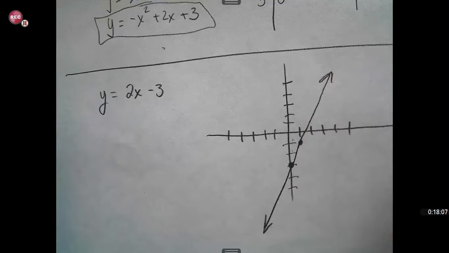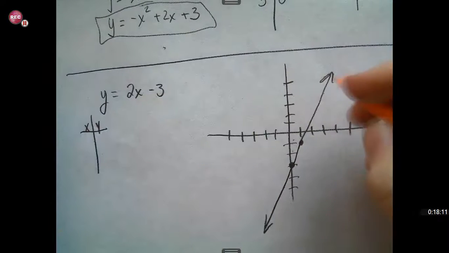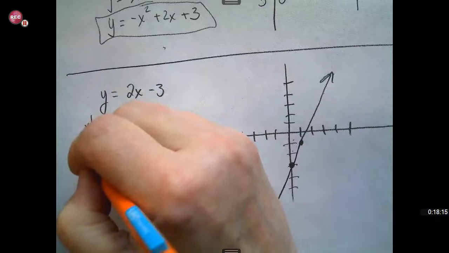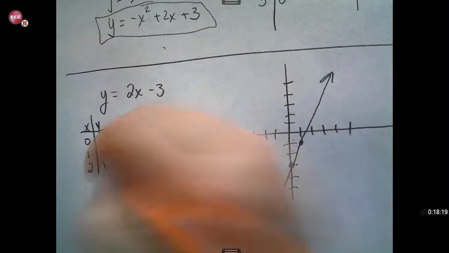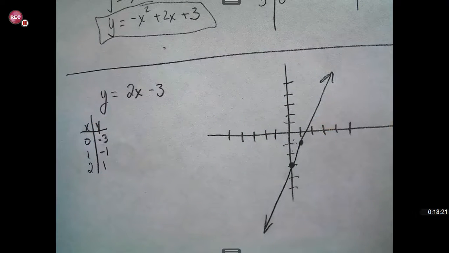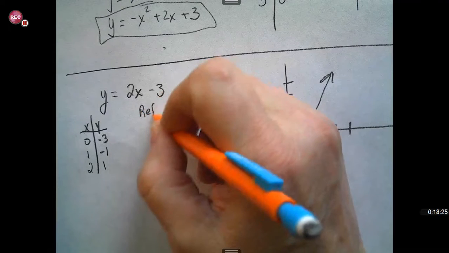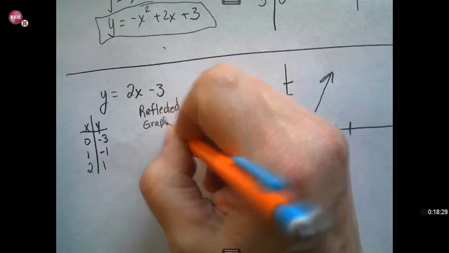Okay, but it is helpful. So I graphed 0, -3. I graphed 1, -1. 2, 1 would also be on that graph. It helps to have the ordered pairs when I want to look at the reflected graph.